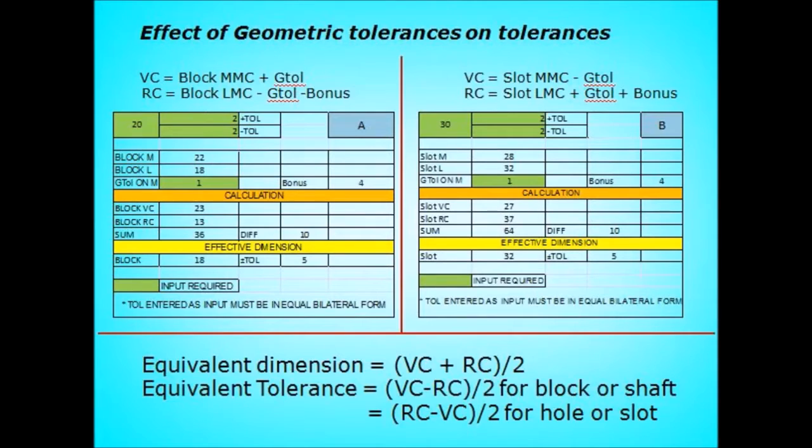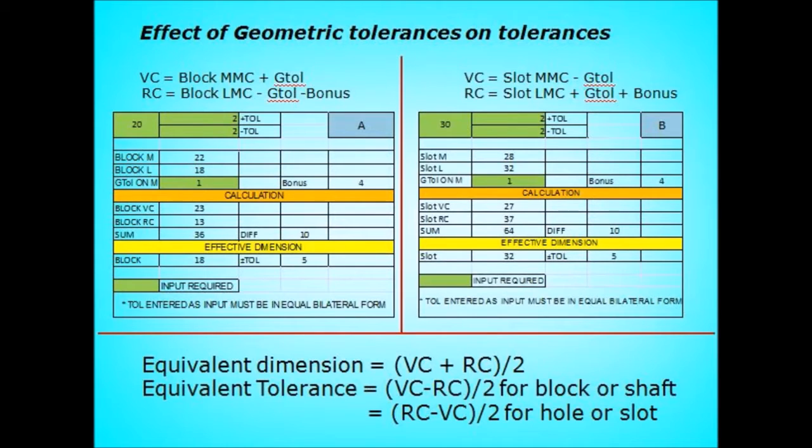Virtual condition is the worst scenario, whether it is shaft or block, hole or slot. Resultant condition is the best scenario for both. So virtual condition for a shaft or block is its MMC plus GTOL, and resultant condition is its LMC minus GTOL minus bonus.